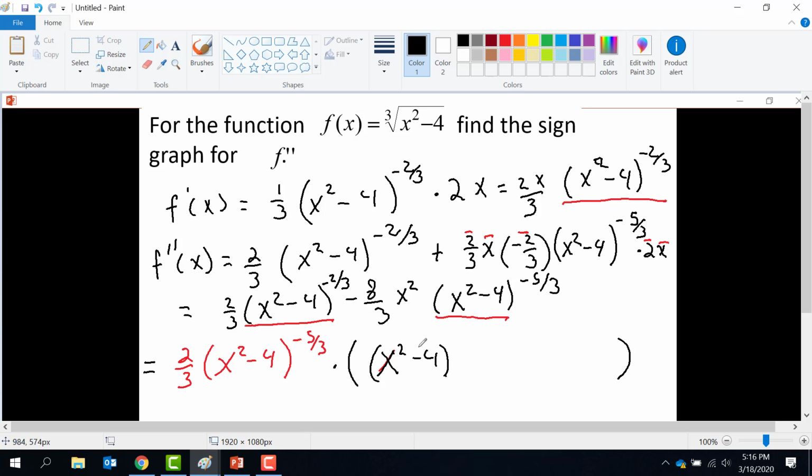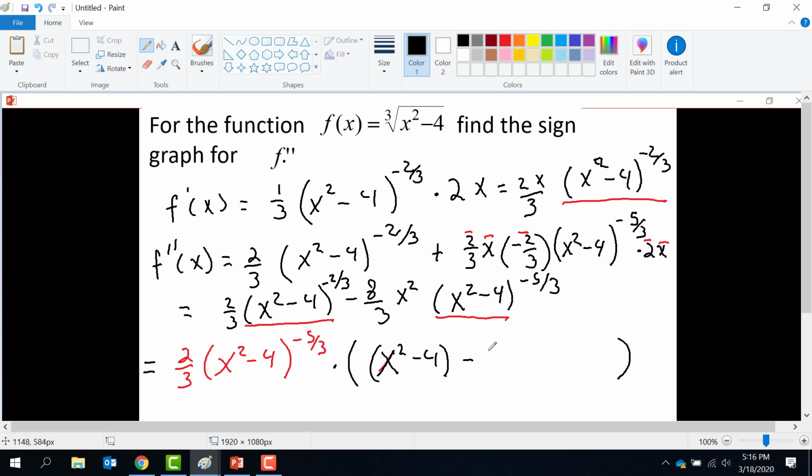But when I multiply, I add the exponents. So in order to end up with a negative 2/3, the exponent that is here needs to add with negative 5/3 to give me negative 2/3. And so that is going to be positive 3/3 or 1. So I end up with an exponent of 1, which I don't have to write.